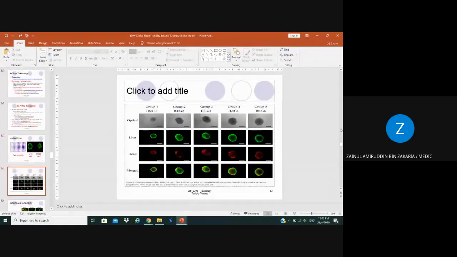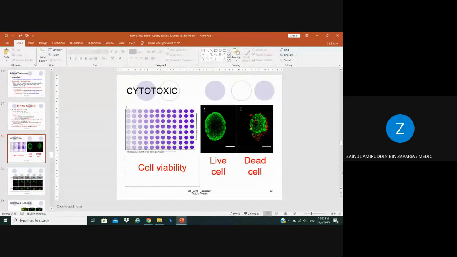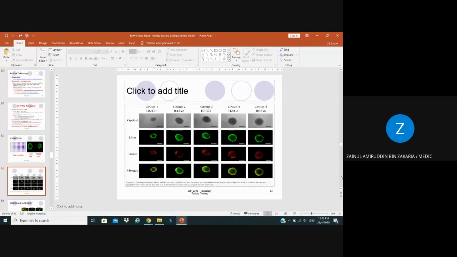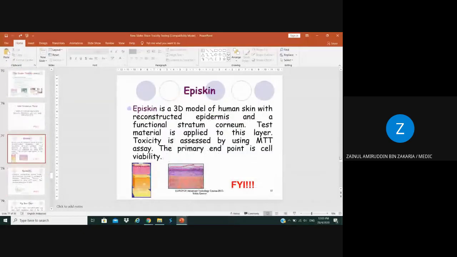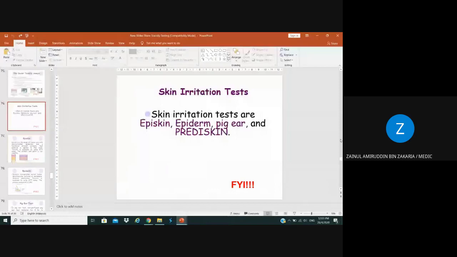Just to tell you that there is another method. You don't have to know every model, episkin and so on. You can search on Yahoo, you can use YouTube, you can get the idea.